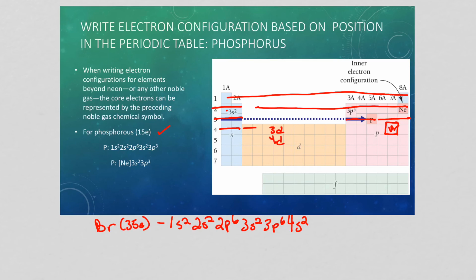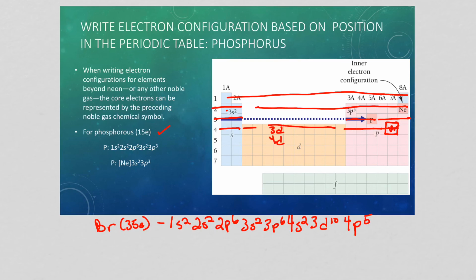So we're going to go across the 3d, right? And we get 3d10, right? So we're at 30 electrons here. And bromine is, 1, 2, 3, 4, 5 steps in. And so we're going through the 4p5.